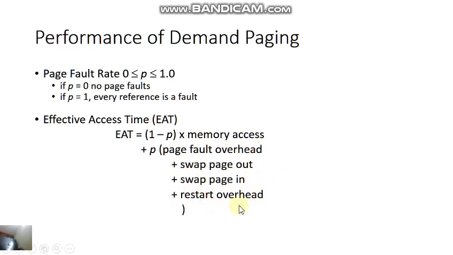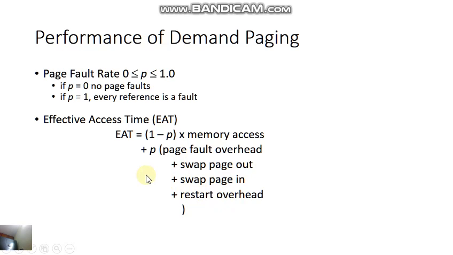So these can be considered the page fault time required. Once again we can memorize the formula: (1 minus P) times MA, the memory access time, plus P times the page fault time. So this is the formula.